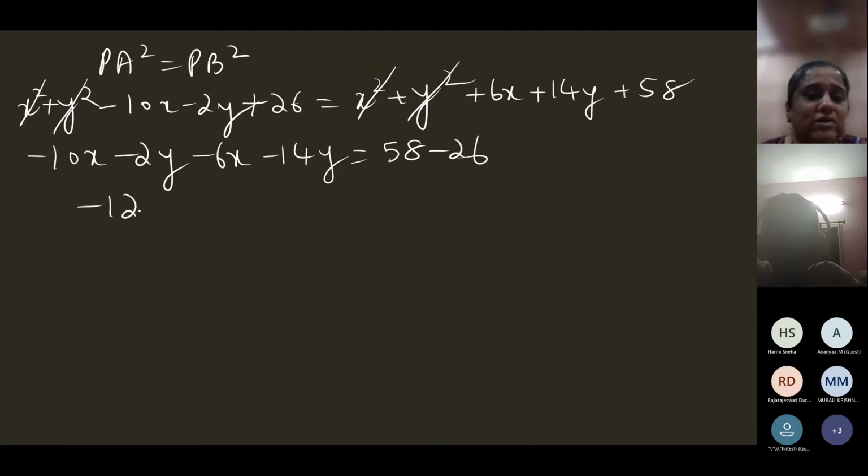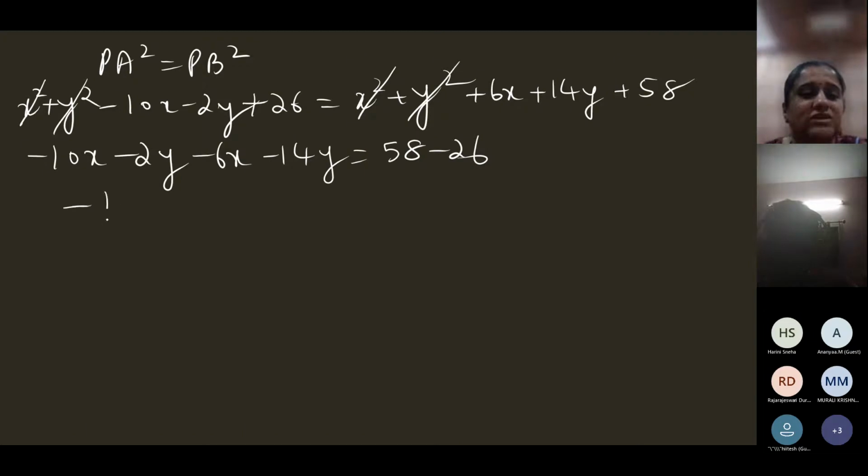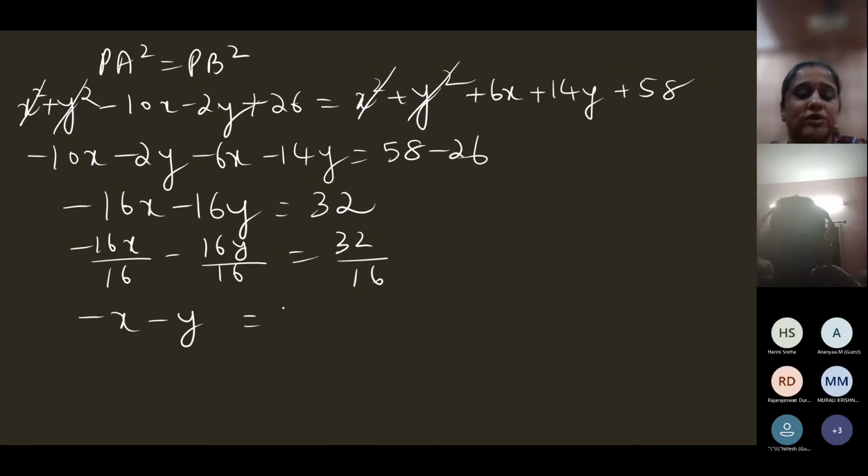So minus 16x minus 16y is equal to 32. Dividing by 16 throughout, you get minus x minus y is equal to 2.